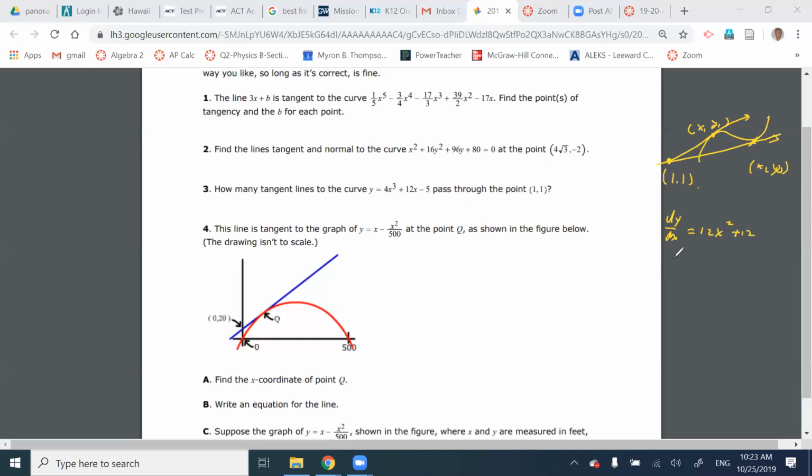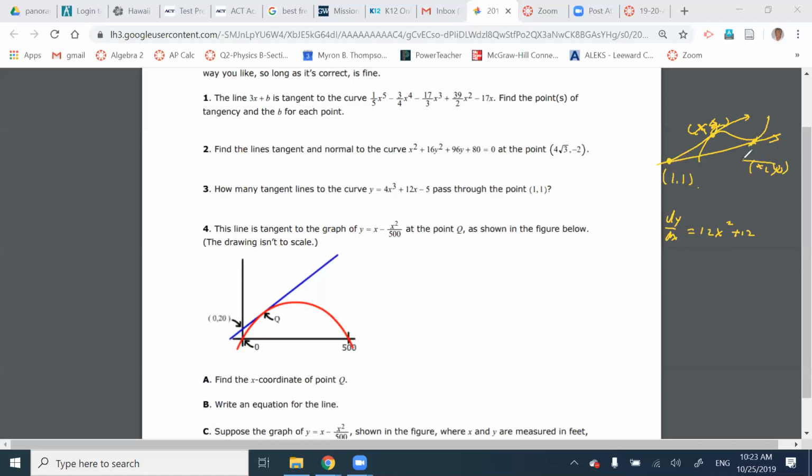And then you're gonna have, this is how many tangent lines? Okay. We just not x1, y1. We just say x, y, okay? So this is x, this is y, like this. And x, y may be here, x, y may be here, okay?